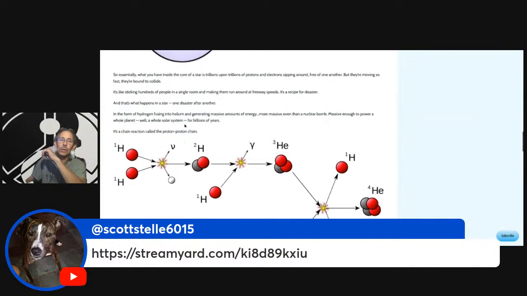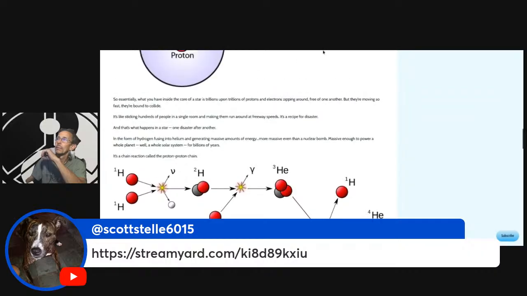I should get a picture of a proton. Let me get a picture of a proton. Proton and gluons.